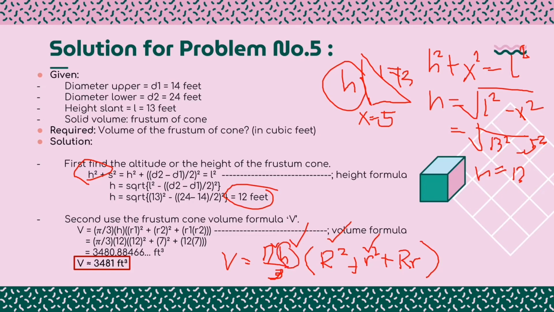H is 12, this radius is 12, this is 7, and 12 multiplied by 7. Adding these, we now get the volume, 3,481 cubic feet.